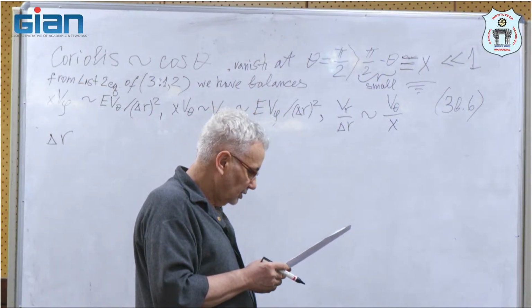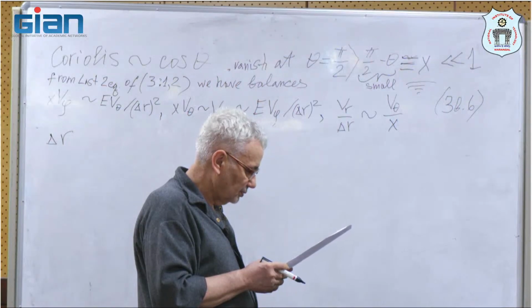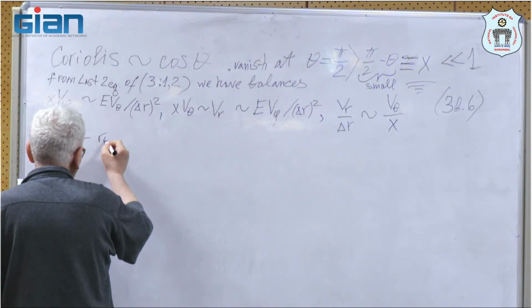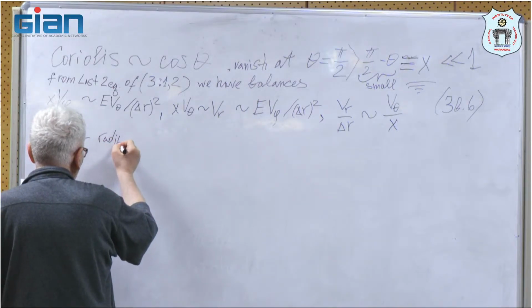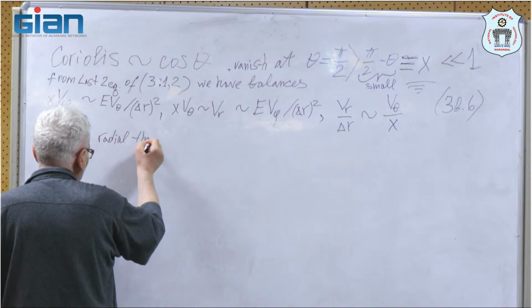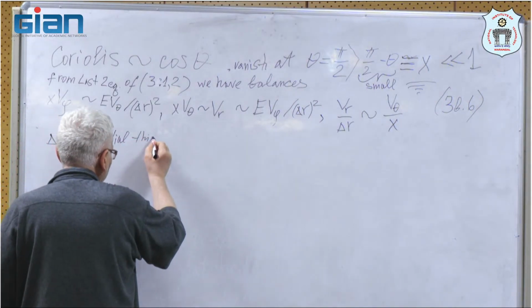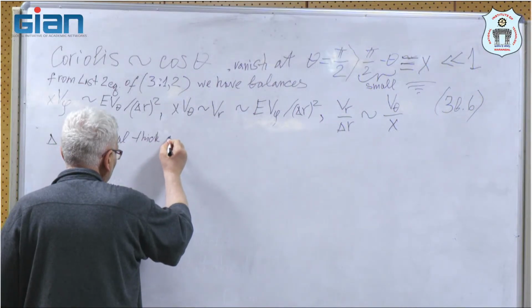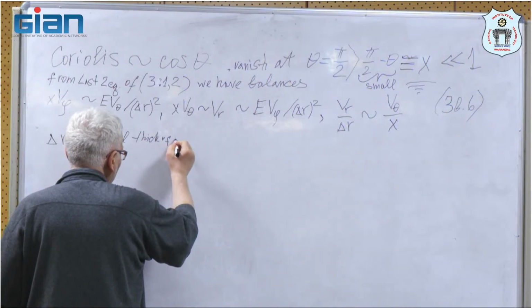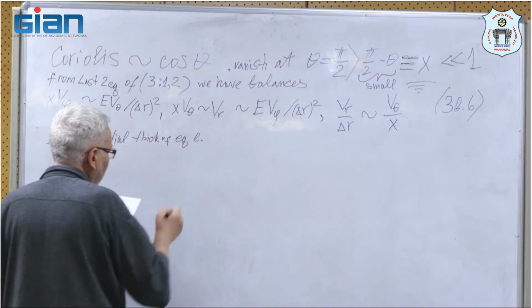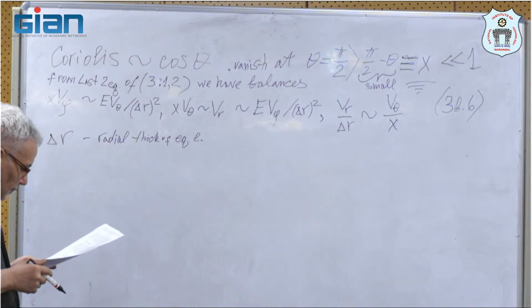So here delta R is the radial thickness of the equatorial layer. Okay, let's abbreviate it.